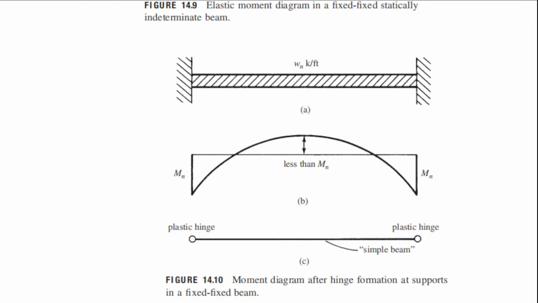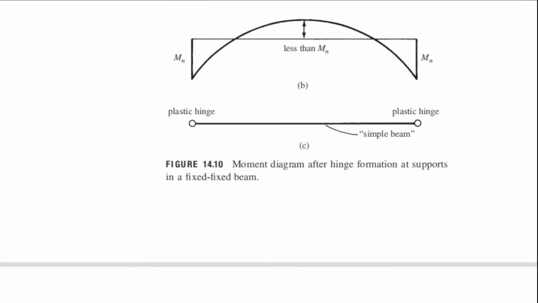But it is not yet failing. It will not yet fail, because a simple beam is a type of structure that can resist load. We can still resist the load because we are still a simple beam. Do you follow?